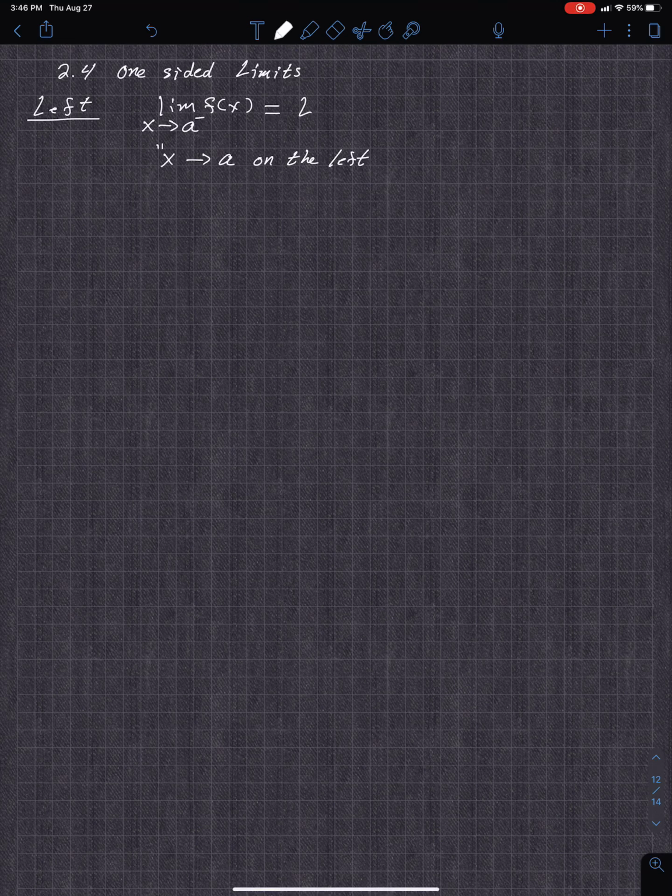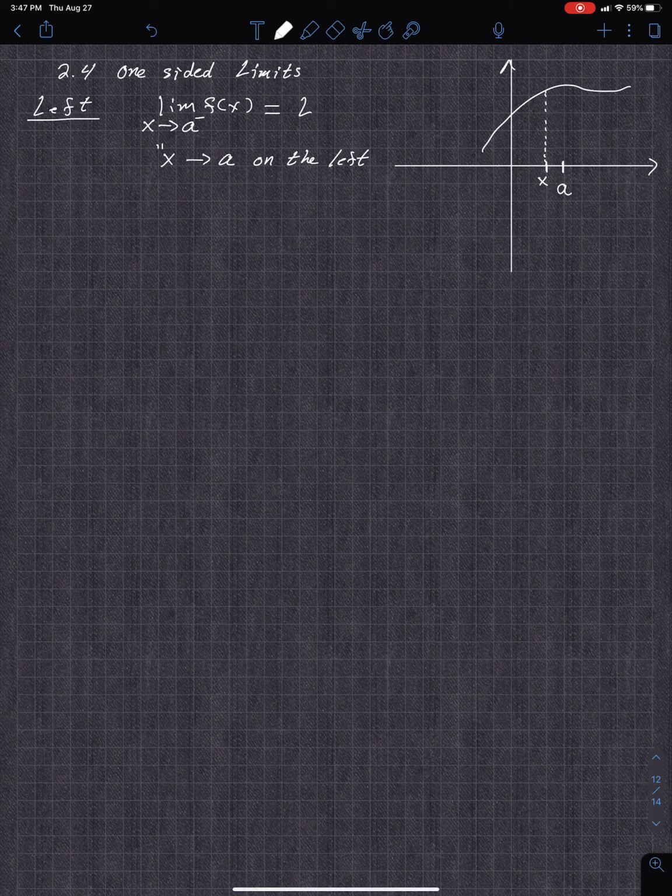A picture of that would look something like this. You have a function doing kind of whatever. So here's my a, and then you have a function doing that. And the left is this side, right? So your x values are approaching like that.